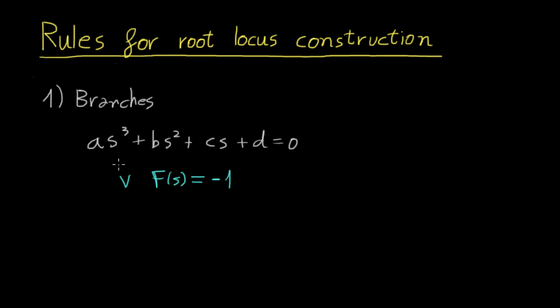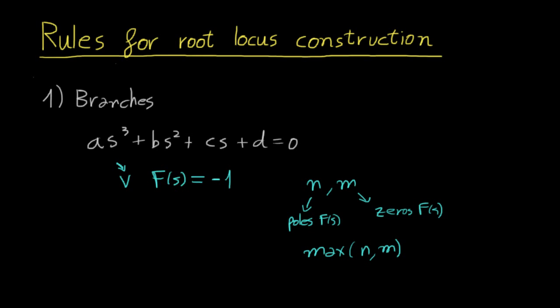The number of branches is the maximum of n and m, where n is the number of finite poles of f of s, and m is the number of finite zeros of f of s.